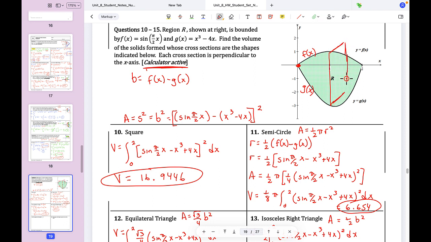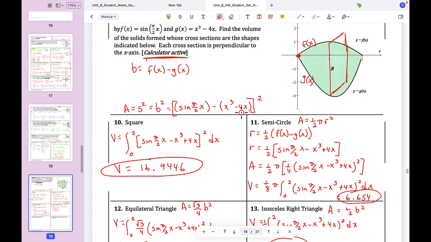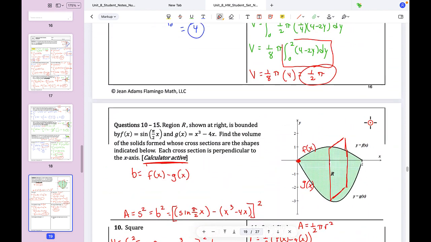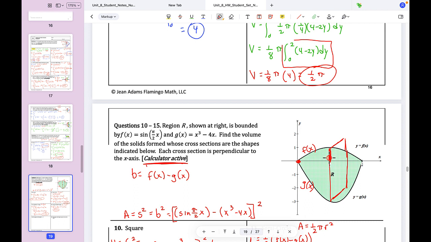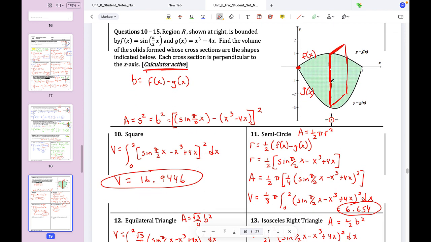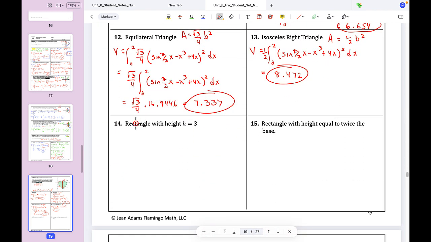Okay. So rectangle is going to be the base, right, which we figured out, times 3. Okay. So we're looking at area equals sine of pi over 2x minus x cubed plus 4x times 3.